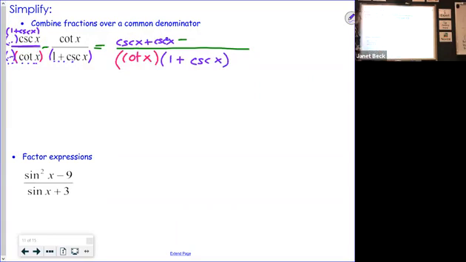Oops, can't see my squared very well there. Okay, and then this denominator, to be the same as the common denominator, needs to be multiplied by this one. So the numerator also needs to be multiplied by that. So that gives us subtract cot squared x.